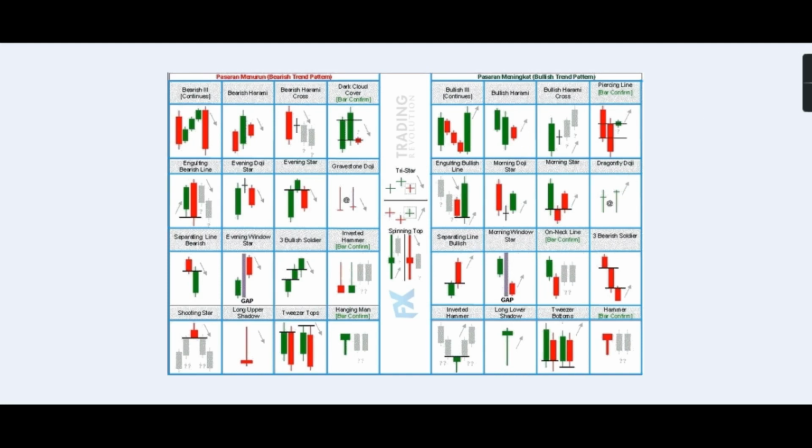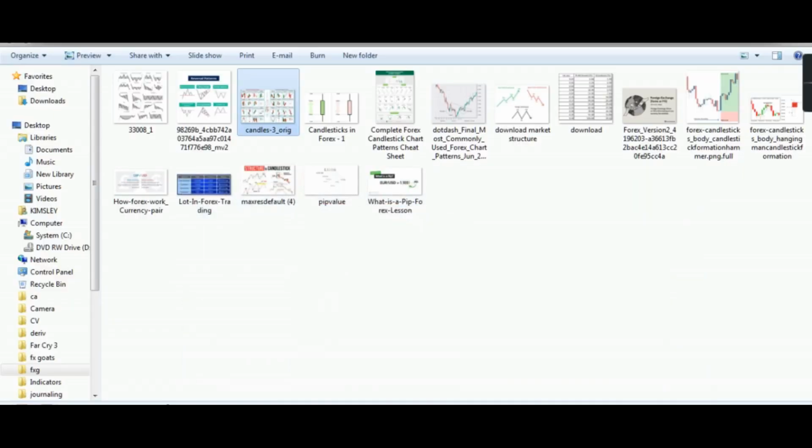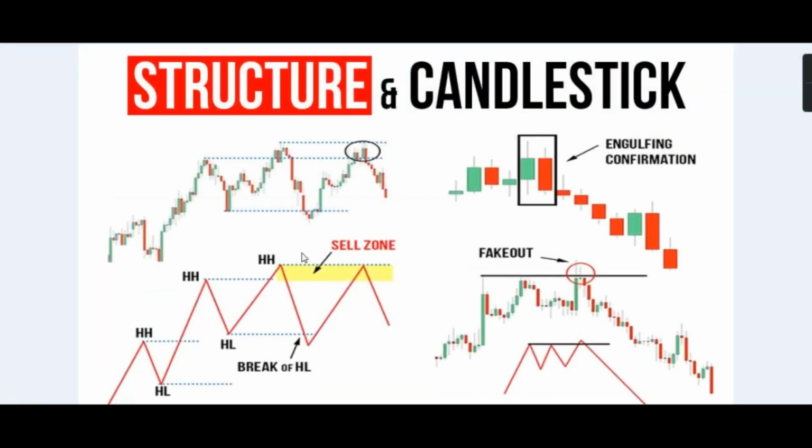And then market structure, guys. Market structure is basically, let me just show you with a slide. This is basically what market structure is, right, guys? A momentum in a specific pattern towards the upside. There's basically an impulse over here, correction, impulse, correction, impulse, correction, and so on and so forth.